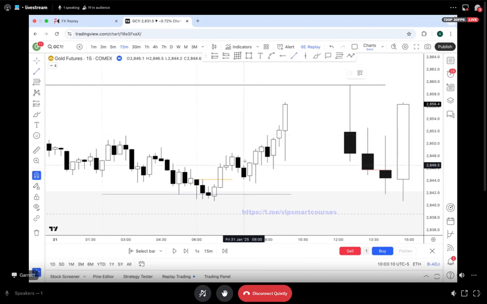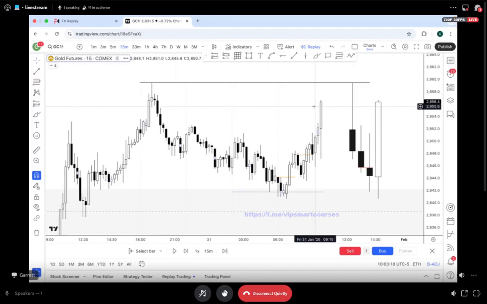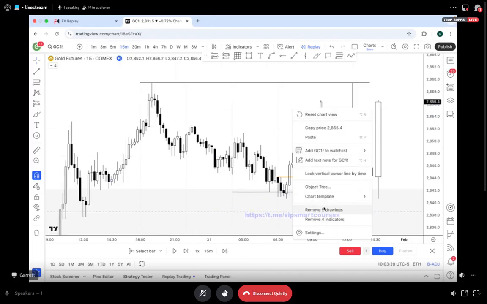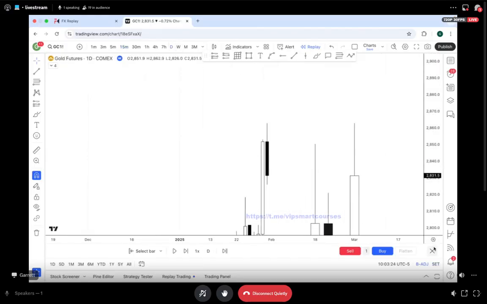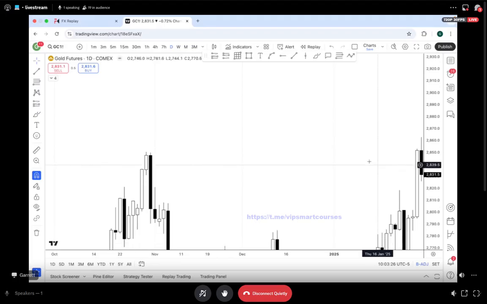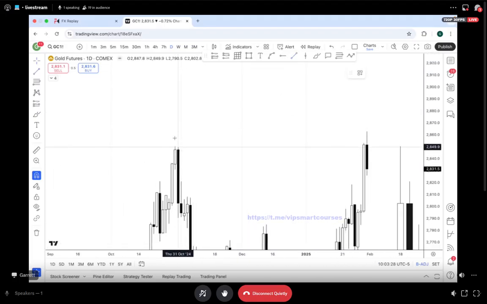Then I'm just waiting for the 8:30 news release, which validates this opposing candle, which was my entry on Friday. But we can look on the daily chart and look at this. Oh, look here. This is why I was a bit concerned about trading that yesterday.